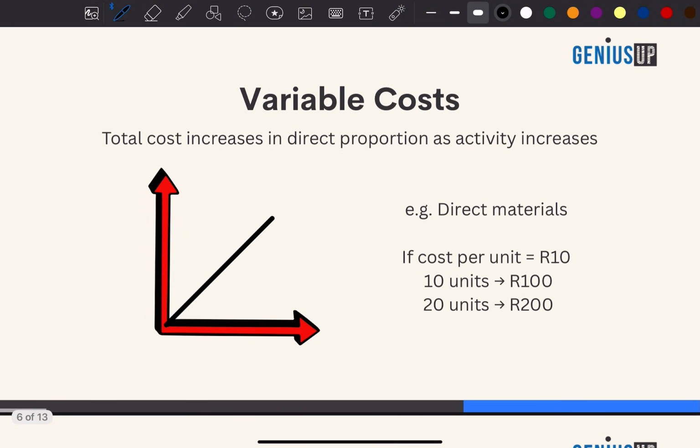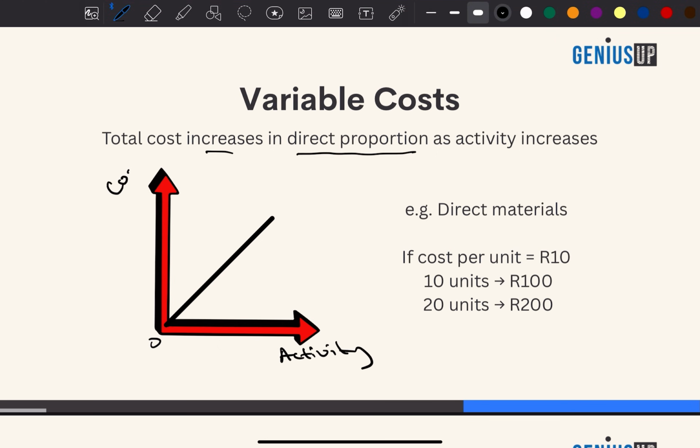So let's start with variable cost. In essence, the total cost increases in direct proportion as activity increases. What this means is that variable costs change in direct proportion with the level of activity. So when the activity level increases, the total cost will also increase in proportion.